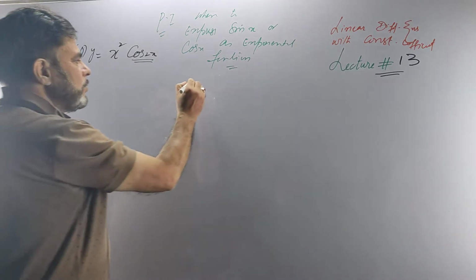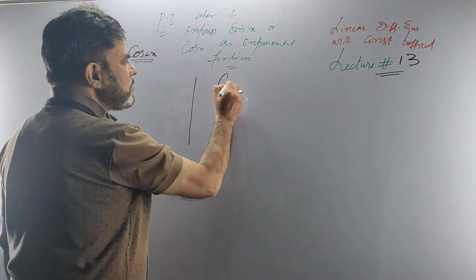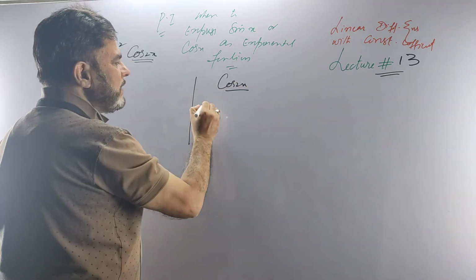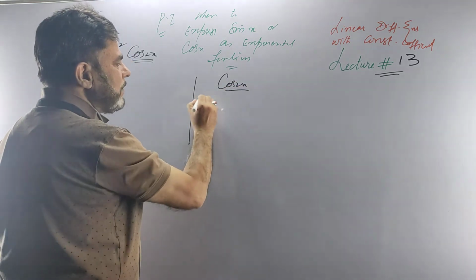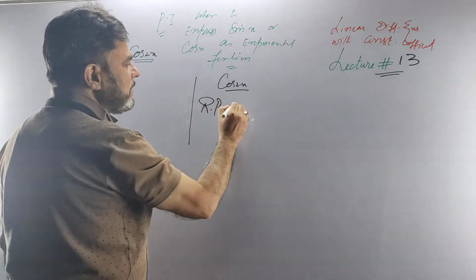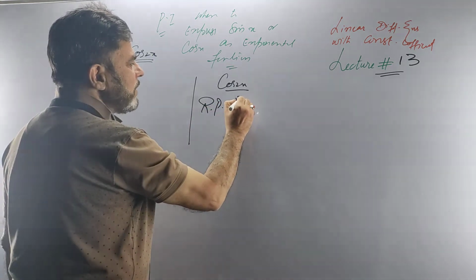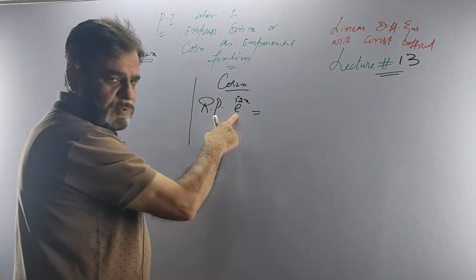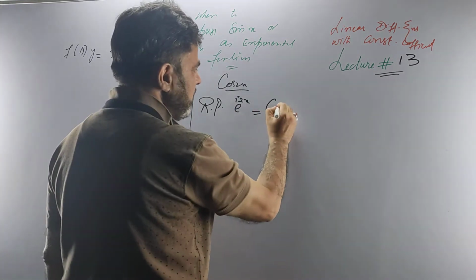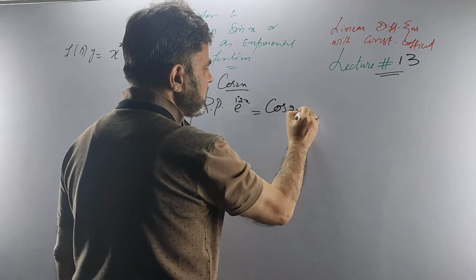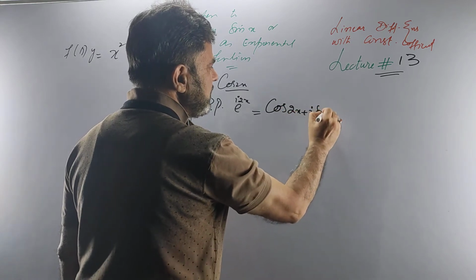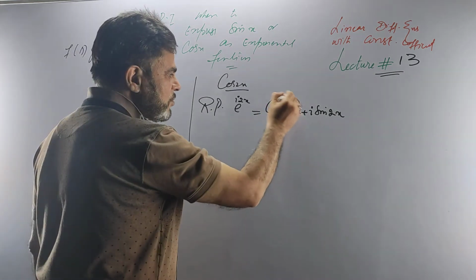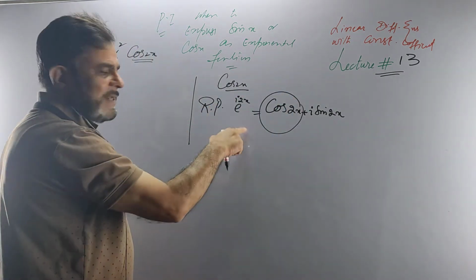How? You know that cos 2x is actually the real part of e raised to the power iota 2x. When you write e raised to the power iota 2x, what is this? It is cos 2x plus iota sine 2x. What is cos 2x? It is the real part.